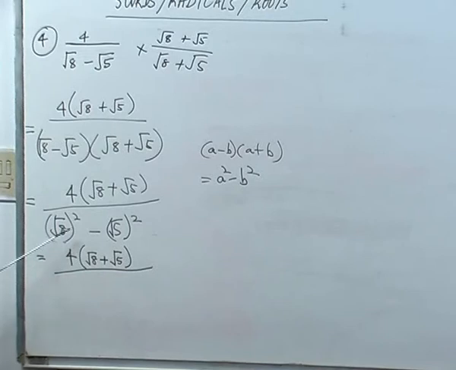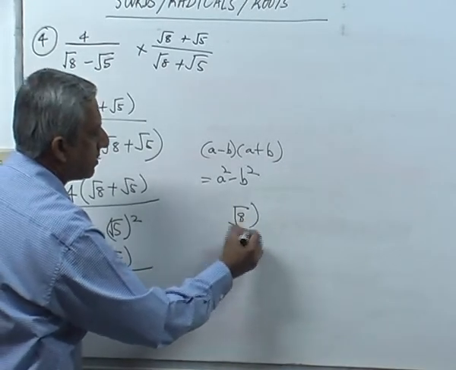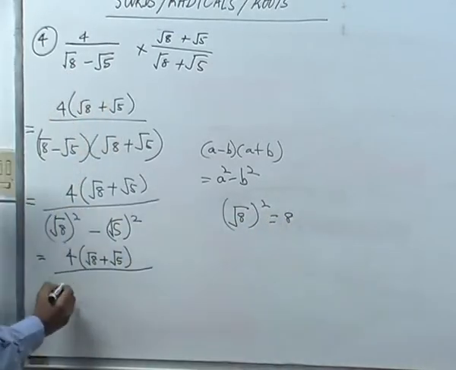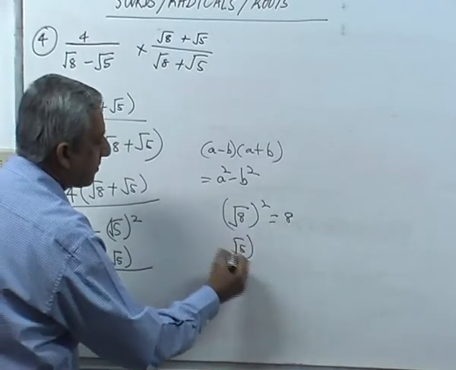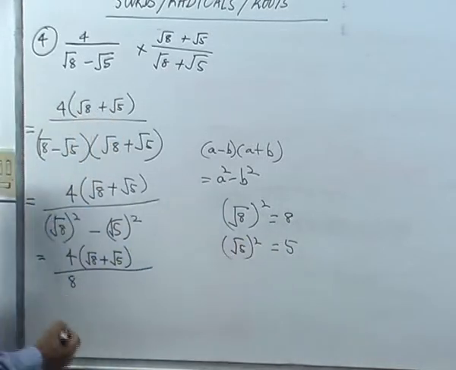Now square root of 8 squared. You can even try this on your calculator and you'll see you'll get the answer 8. Square root of 5 squared, and you'll see you will get 5.